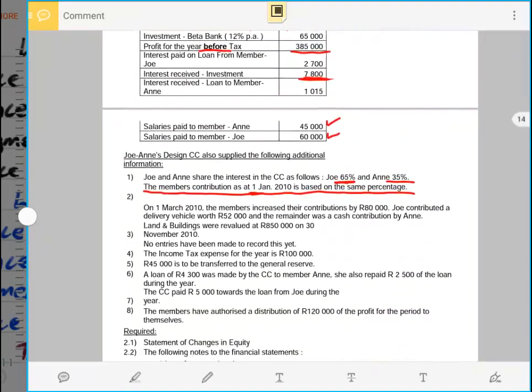Number 2 tells us that on the 1st of March 2010, which is the current year, the members increased their contribution by 80,000 rands.